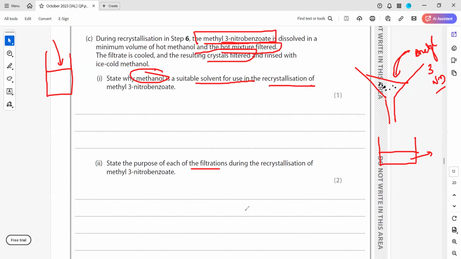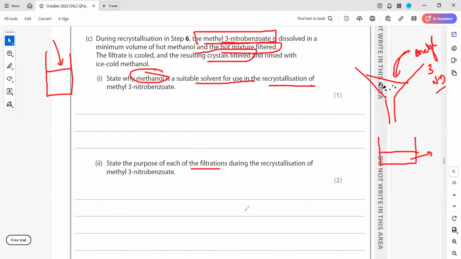Why should we mention that? Because the solubility changes with temperature, and there should be a drastic change. So what is the purpose of adding a hot filtration?